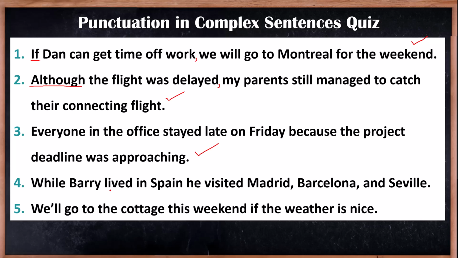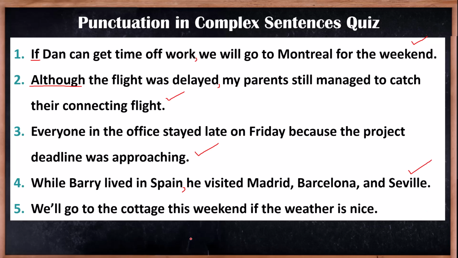Now, number 4, the sentence begins with while, which is a subordinating conjunction. While Barry lived in Spain. So this must be followed with a comma because while Barry lived in Spain is a dependent clause that comes before the independent clause. So now number 4 is correct.